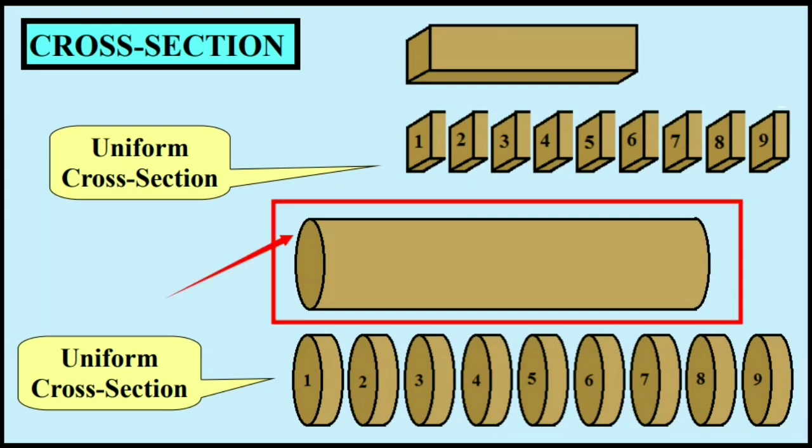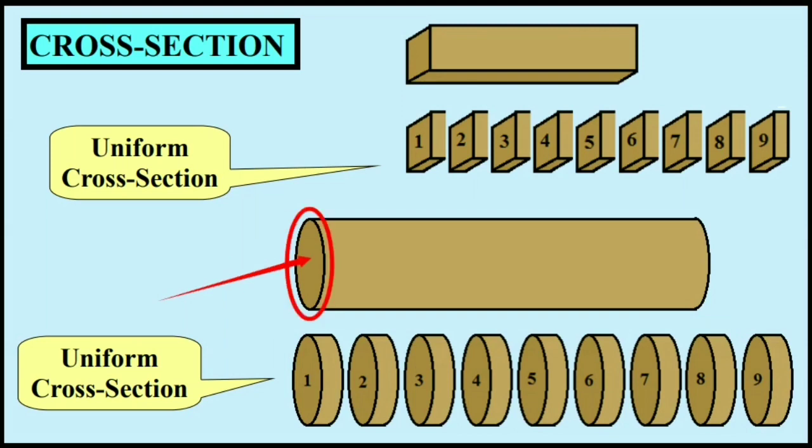I take an example of a solid cylinder. In this solid cylinder, I consider this circular surface as cross section. The second arrow shows the length of the solid cylinder.